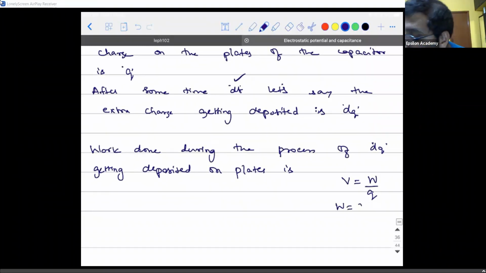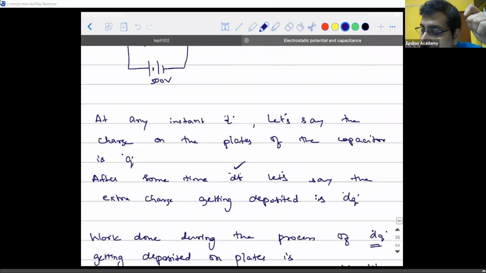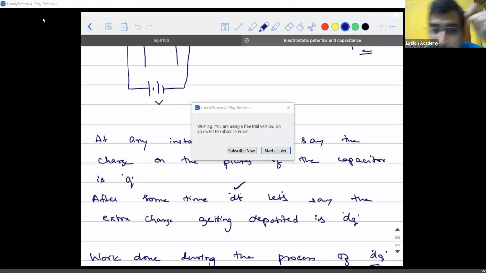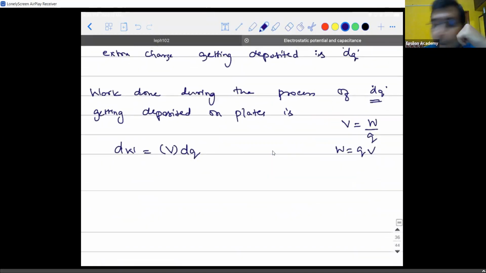So W is going to be Q into V. So can I write dW is equal to V into dQ? Guys, are you able to understand this point? This is an important step. dW, that is the small amount of work done to deposit this dQ, is given as dQ multiplied with the potential difference across which the device is connected. So let's say the device is connected across a potential difference V. Are you able to understand this? So dW is equal to V into dQ. Let this be the first step.